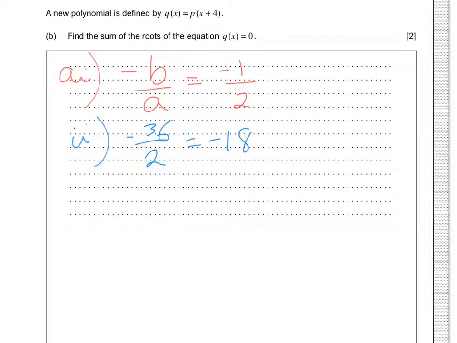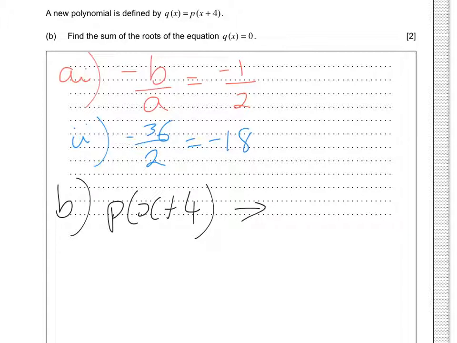A new polynomial is defined by q of x equals p of x plus 4. Find the sum of the roots of the equation q of x equals 0. For this question, it's best to think of p of x plus 4, q of x: what effect does that have on the roots?